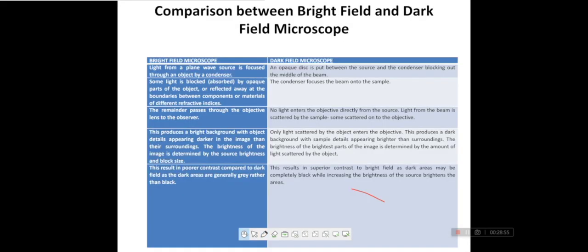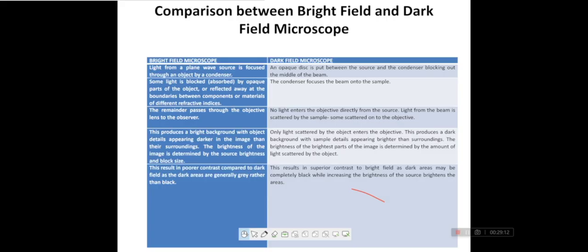Now, what are the differences between bright field microscopy and dark field microscopy? From the name, the first difference is that in bright field the background is bright and in dark field the background is dark.